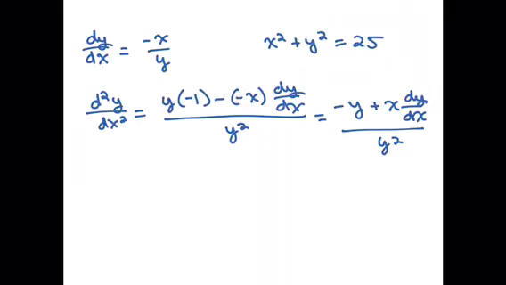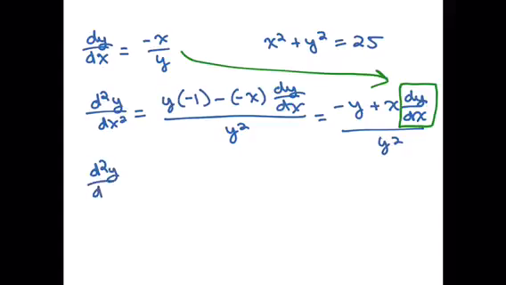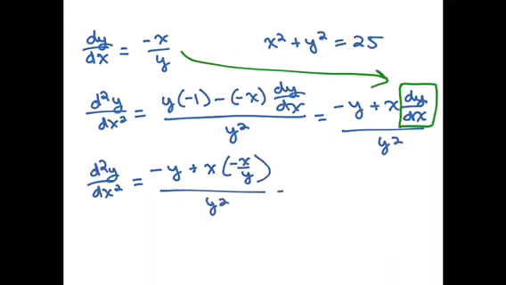And the extra step that's involved when the second derivative is implicit is that we cannot leave a dy/dx in our answer. However, we know what dy/dx is, so we can just substitute it in. So my second derivative becomes negative y plus x times negative x over y, all over y squared.